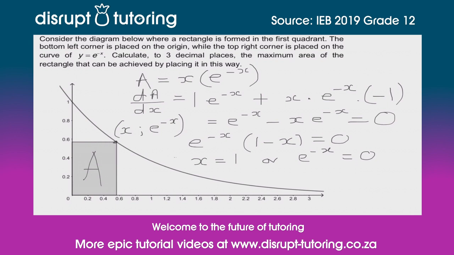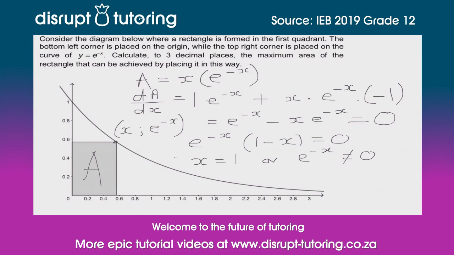Now that can't happen, because e to the minus x is not going to pass through the x-axis at all. So that one has no solution. So x equals 1 is going to be our solution here.